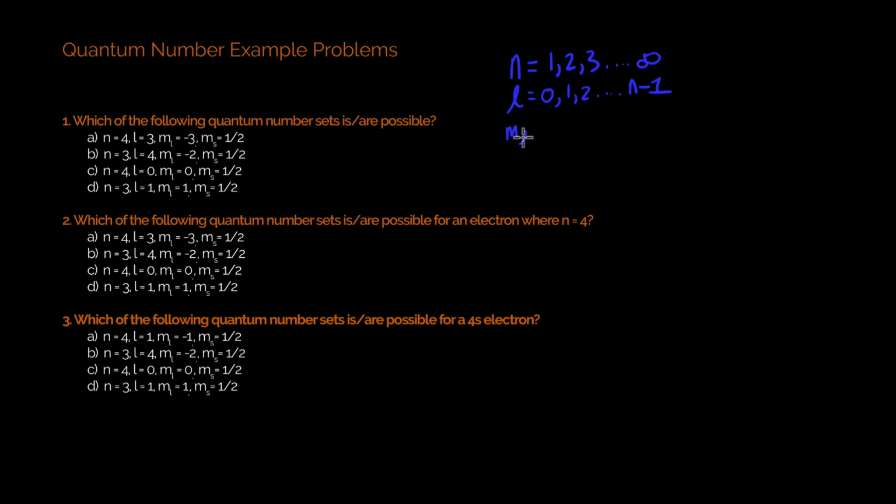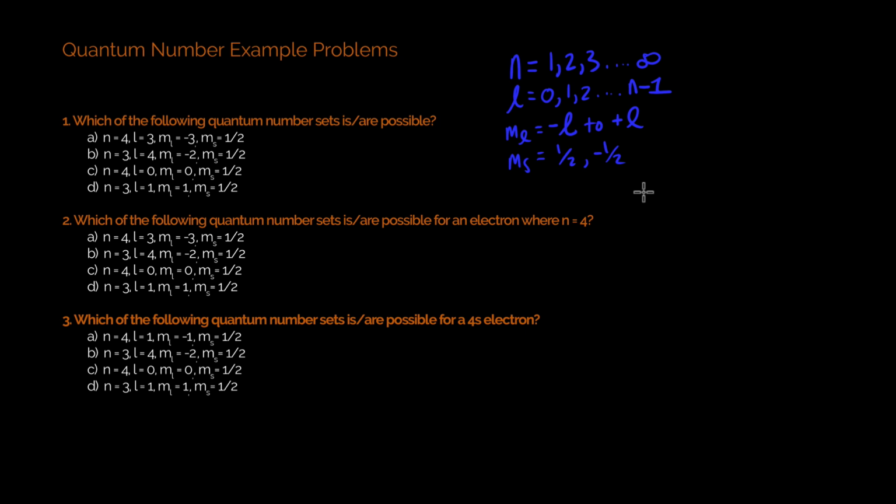M sub L is going to be restricted by L, where M sub L can be any value between negative L to positive L. And then m sub s, don't get too tripped up on it. It can just be positive 1/2 or negative 1/2. Either choice would be possible.